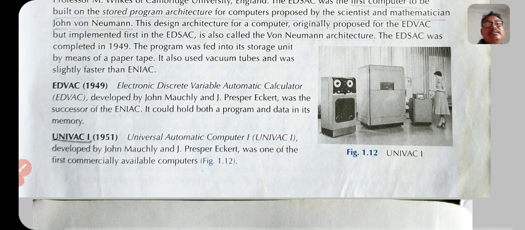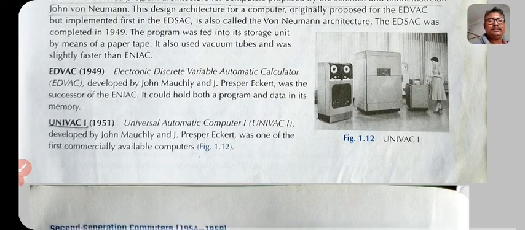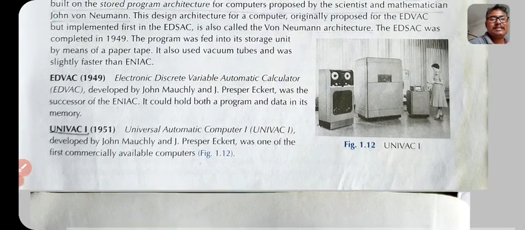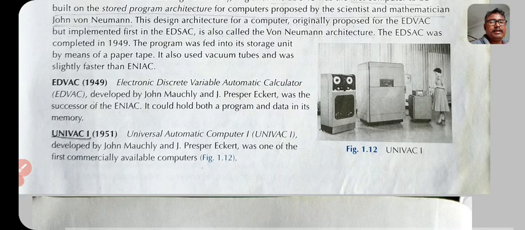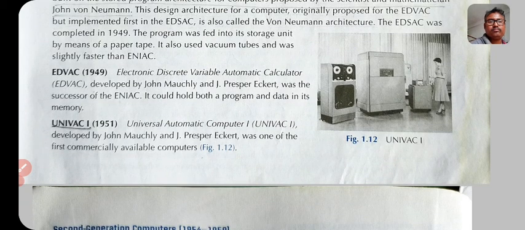That means John Mauchly and J. Presper Eckert, who developed the ENIAC, now developed a machine where both a program and data can be kept in memory. Once a device to store the program and the data had started, you can see the evolution.